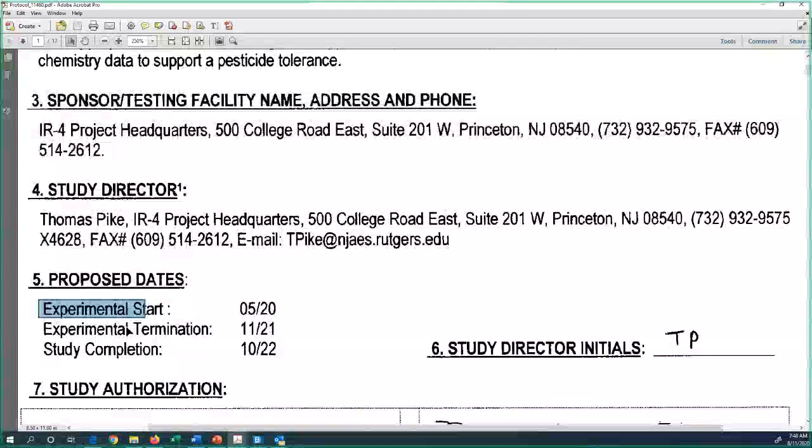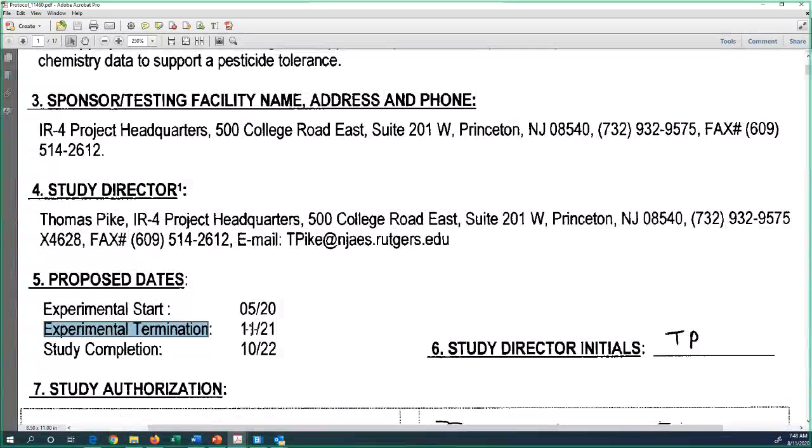So what is the termination date? The experimental termination date is the last data collection date, which is your last LC-MS/MS injection and collecting the data. Once that's done, all the data is done. It's only processing data. You also have all the related paperwork. That's it.